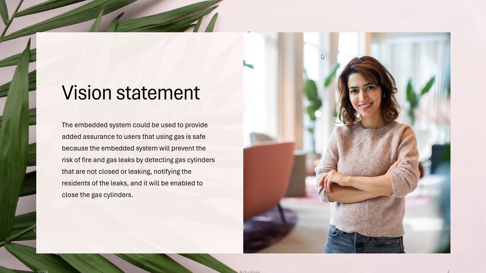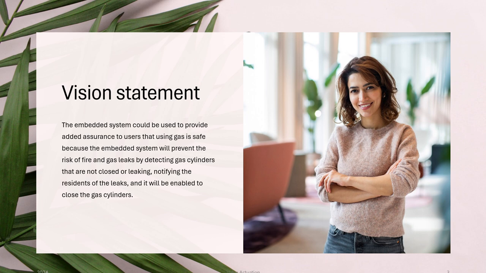The vision is that the embedded system could be used to provide added assurance to users that the gas is safe. The embedded system will prevent the risks of fire and gas leaks by detecting that the gas cylinder is not closed or is leaking, and also notify the residents.